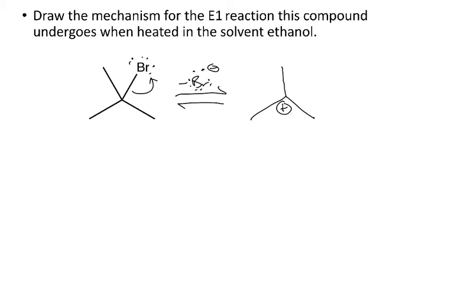And then the next step for the E1 reaction is the elimination of one of the beta hydrogens. And so I didn't draw any of the hydrogens in here. I think we probably want to go ahead and draw that so that we can see what's going on in the mechanism. So I'll go ahead and put the hydrogens in here.